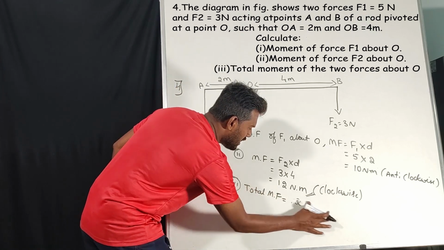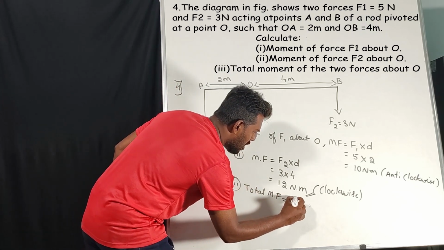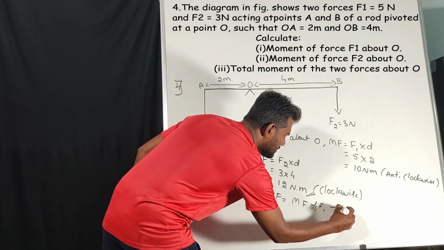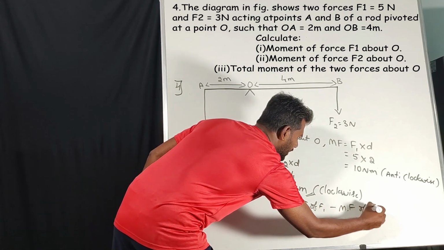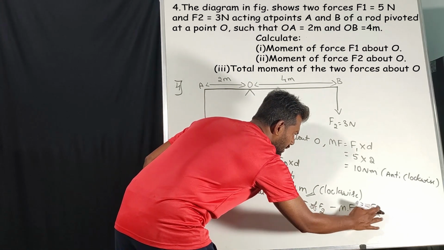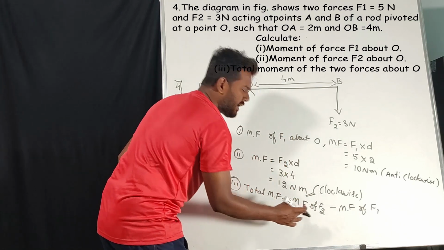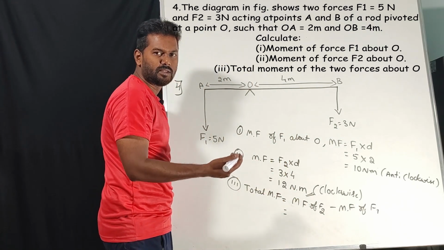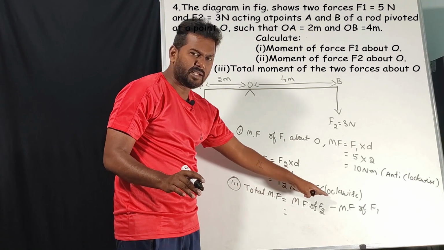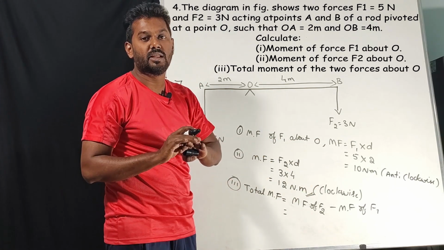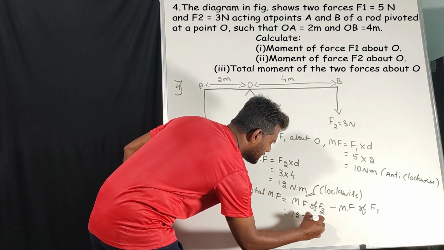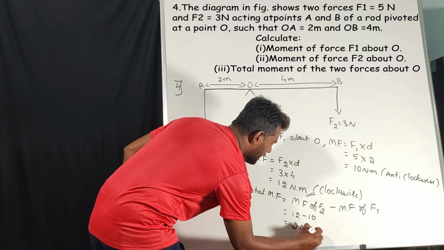Total moment of force is nothing but the moment of force of F2 minus the moment of force of F1. We write the bigger value first so as not to get the negative sign. If you get a negative sign, that is okay, but for writing directions, you don't have to get the negative sign. So bigger value, 12 minus 10 is equal to 2 Newton meter.